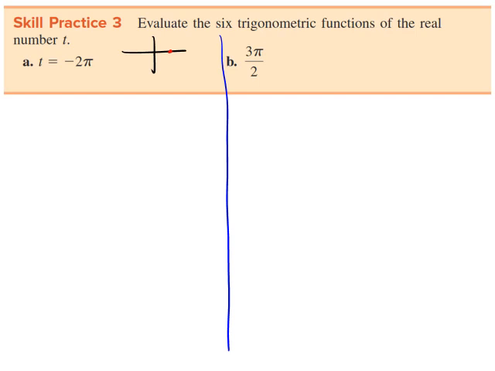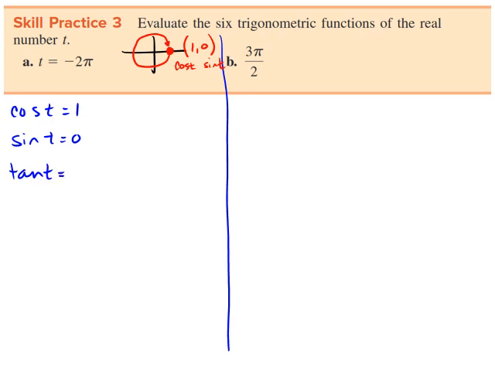So we start here, and 1 full revolution puts me right back where I started at the ordered pair 1, 0. I know this is cosine and this is sine. So cosine of t is 1, sine of t is 0.